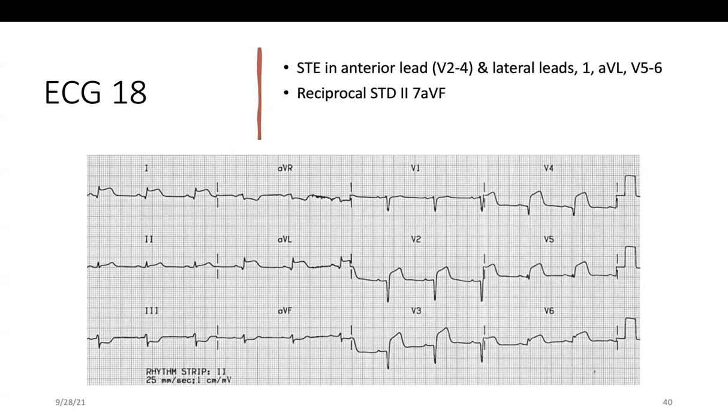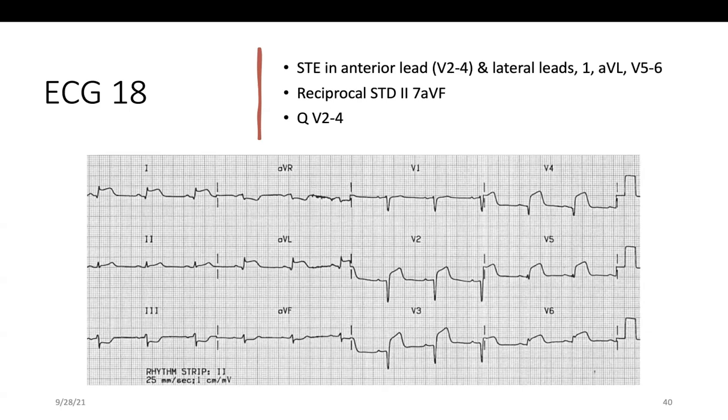So what's your diagnosis? This is an anterolateral myocardial infarction. Where is the lesion, you think? This is an LAD lesion. Where? As we said, once you see 1 and AVL, this is what? Proximal LAD to D1. Proximal LAD.